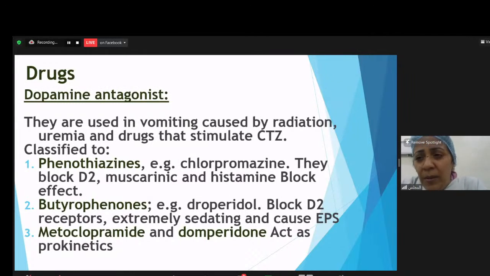It might cause more abdominal pain in these patients, so think about using other types of antiemetics other than metoclopramide and domperidone. Lately, some papers came out about domperidone causing cardiac problems, especially if you are using it chronically, but this is still under investigation, and still domperidone is a very good drug.